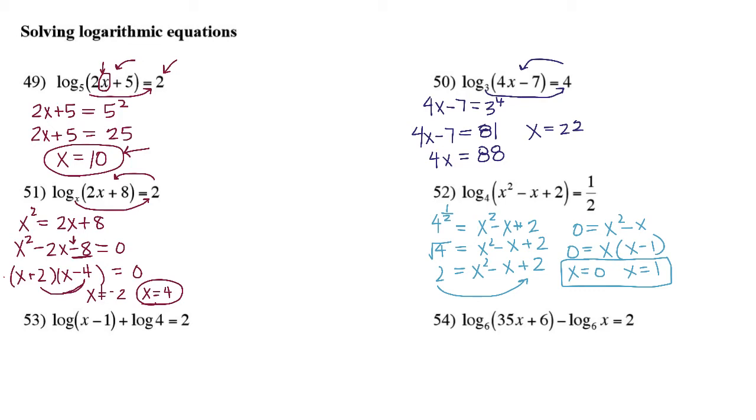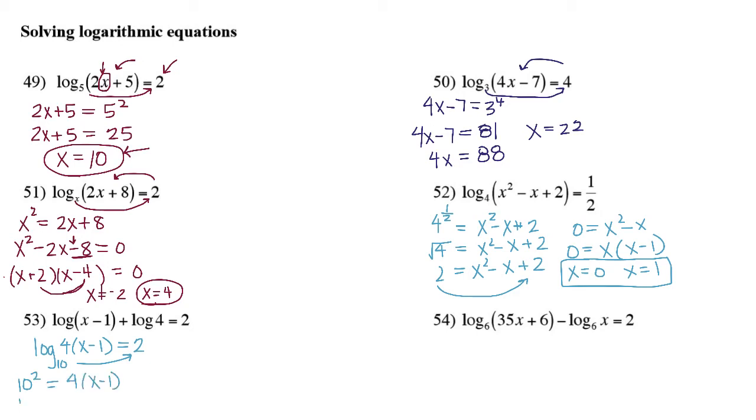Okay, another example. Here we would need to condense this together by multiplication. So we're going to have log, and notice the base isn't written, so it's going to be base 10, and 4 times x minus 1, and that is equal to 2. And now we're going to say this is base 10, and 10 raised to the second power is equal to 4 times x minus 1.